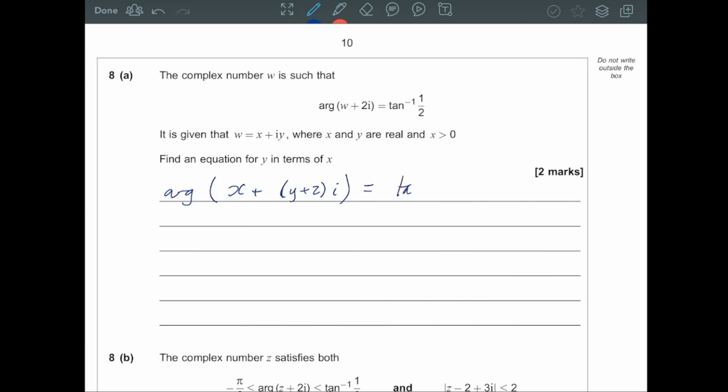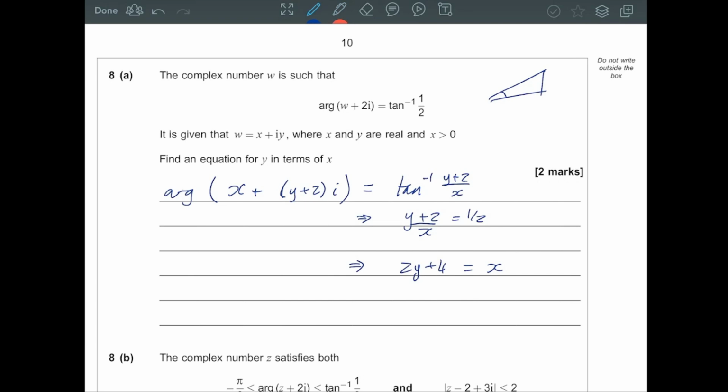And the argument of a vector is the tan inverse of the opposite over the adjacent, which is the y thing over the x thing, which is going to mean that y plus 2 over x equals a half, which I'd like to write as 2y plus 4 equals x by clearing the fractions.